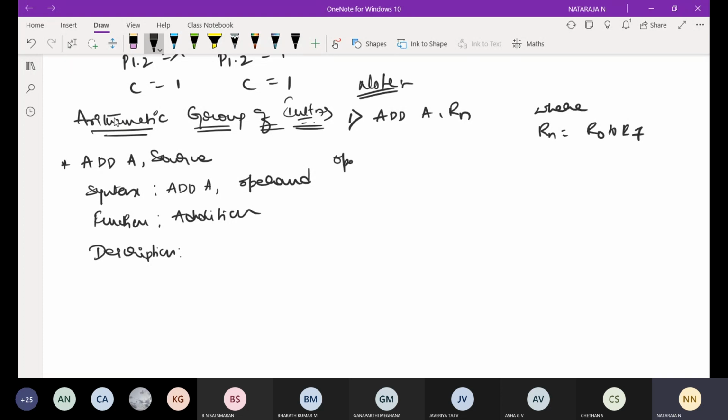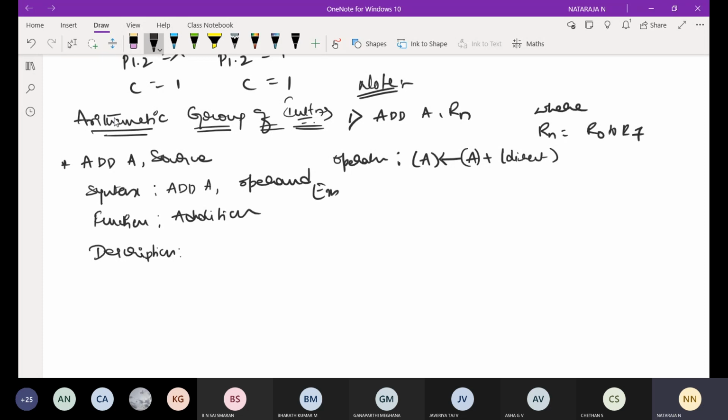Here you can take the operation: the accumulator is added with the register data and the result is stored in the accumulator.